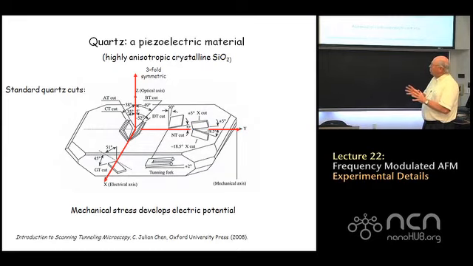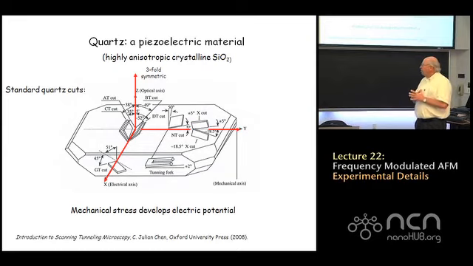Since then, we've learned an awful lot about quartz. We know it can be made in a crystalline material. If it's made in a crystalline material, then it can be oriented. And this piezoelectric behavior that translates force into voltages can be optimized by identifying the appropriate crystalline axes in the quartz single crystal.